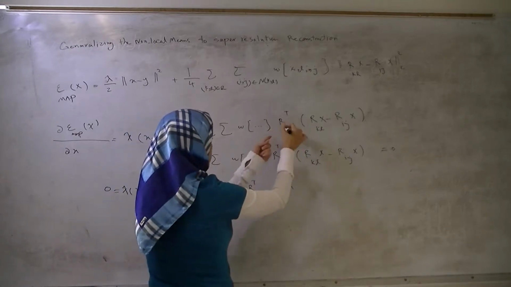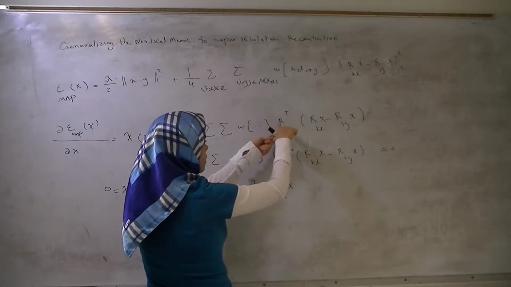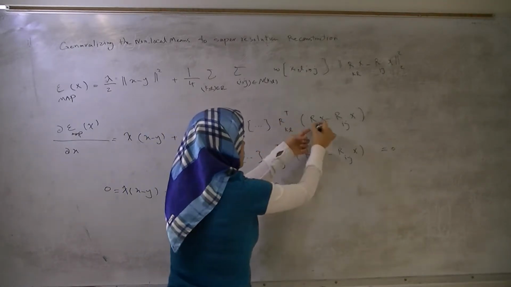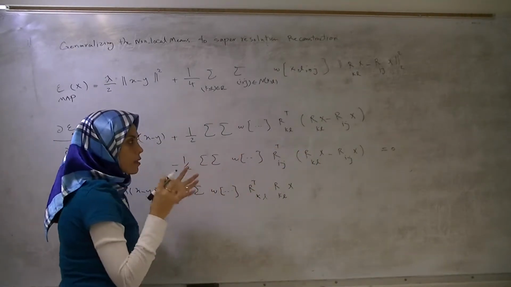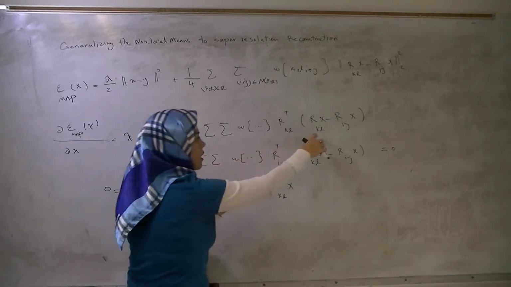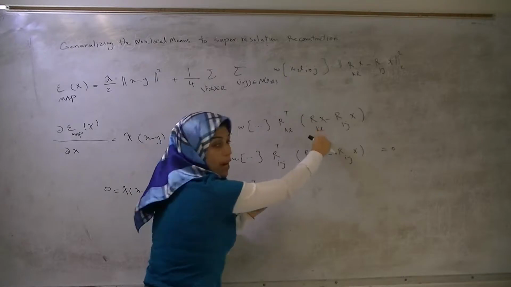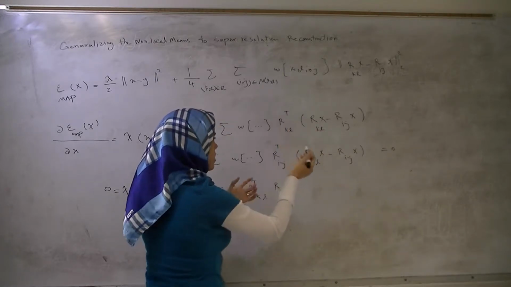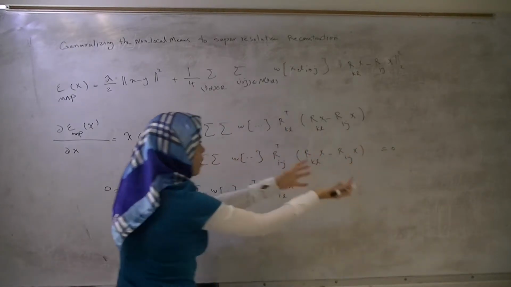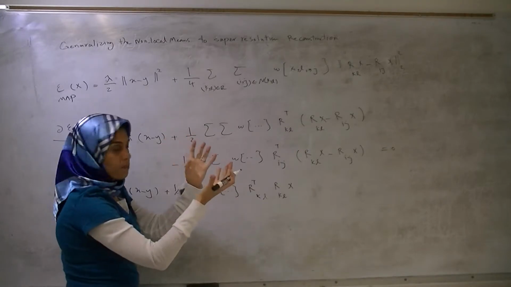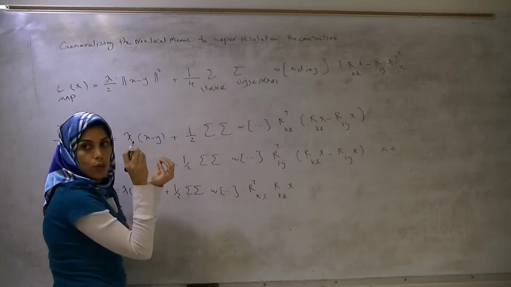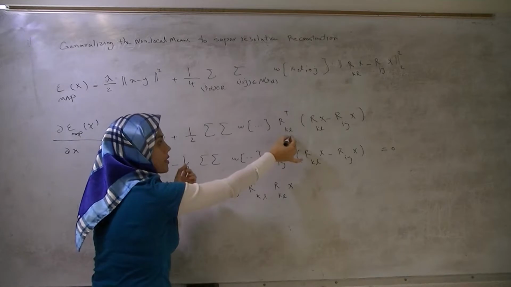And the definition of the R_KL means that we want to extract the patch around the pixel KL. But this one means that we have the patch and we want to just assign this patch to the pixel of the KL.